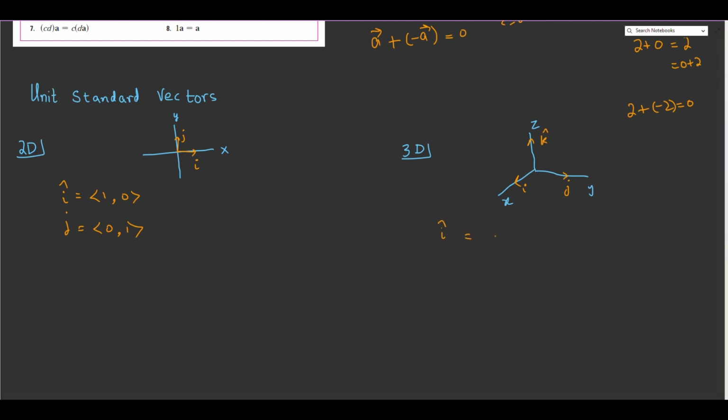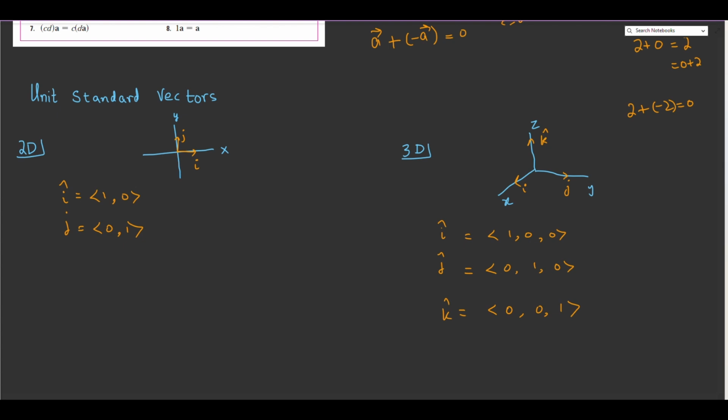These vectors are given by the following components. The unit vector i has the components 1, 0, 0, and the vector j has the components 0, 1, 0. As we discussed previously, on the y-axis the x and z components are always 0. And the unit vector k is given by 0, 0 and 1, because on the z-axis x is equal to 0 and y is equal to 0.